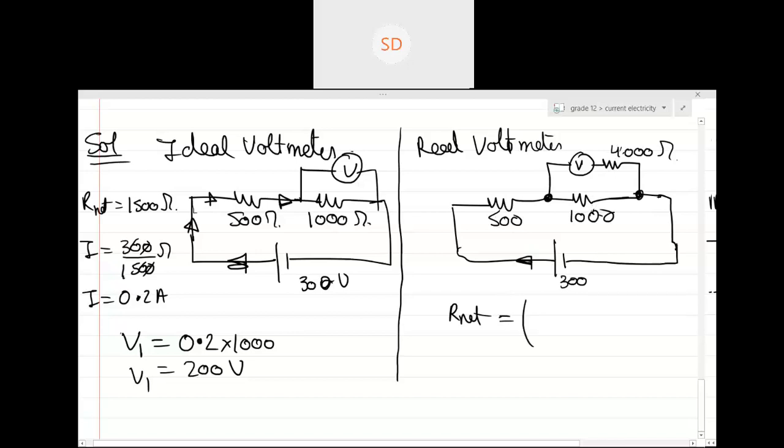So this will be 1000 into 4000 divided by 5000, which is 800 ohm. Is everyone fine? Plus 500 ohm.